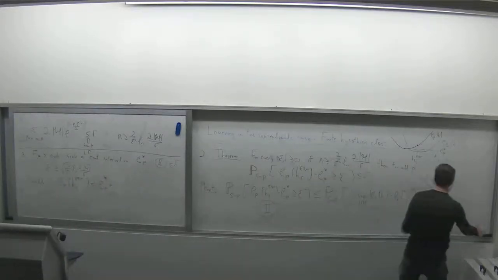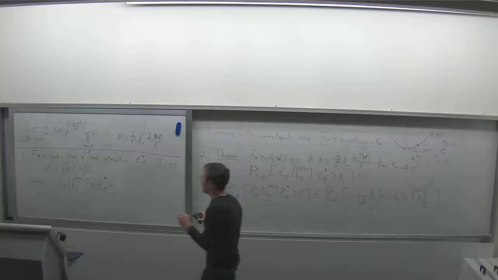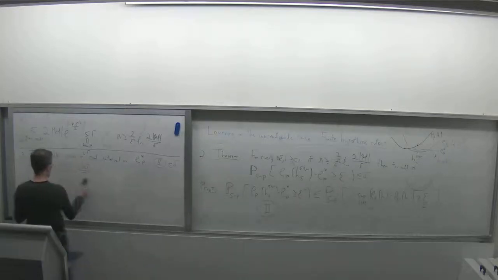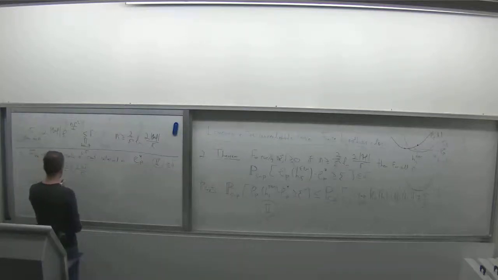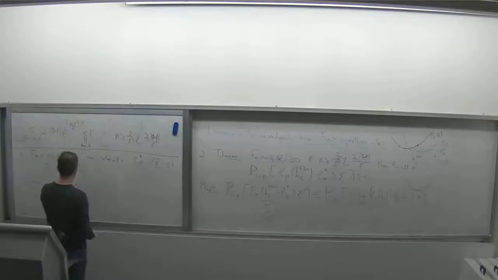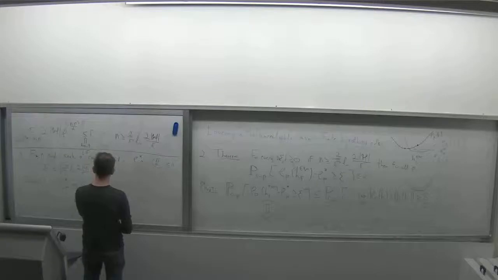It's wrong in the notes. E star P will be less than the empirical error of ERM plus this one.